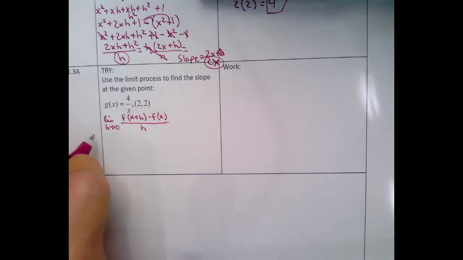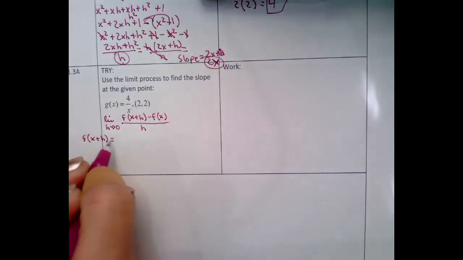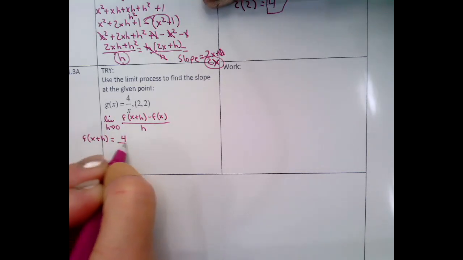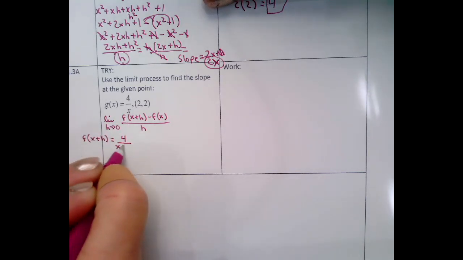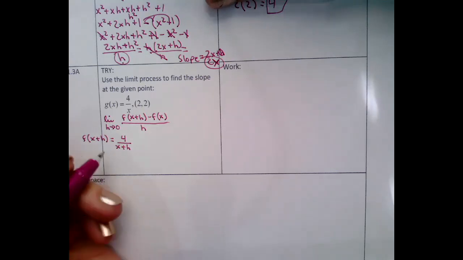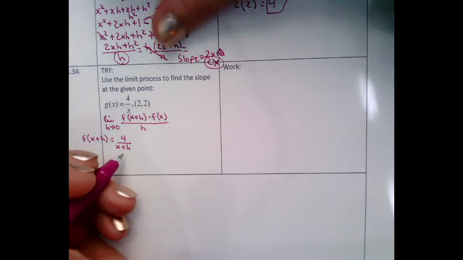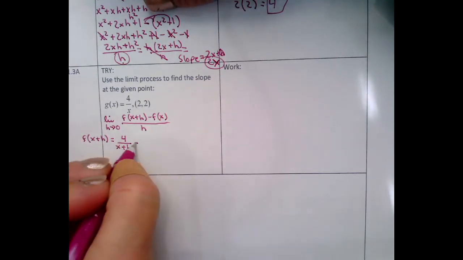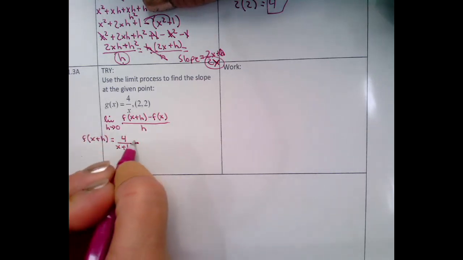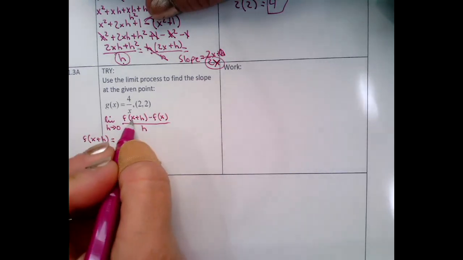All right, so the first thing we need to do is find f of x plus h. Okay, so that's going to be 4 over x plus h. And that's it for that one.